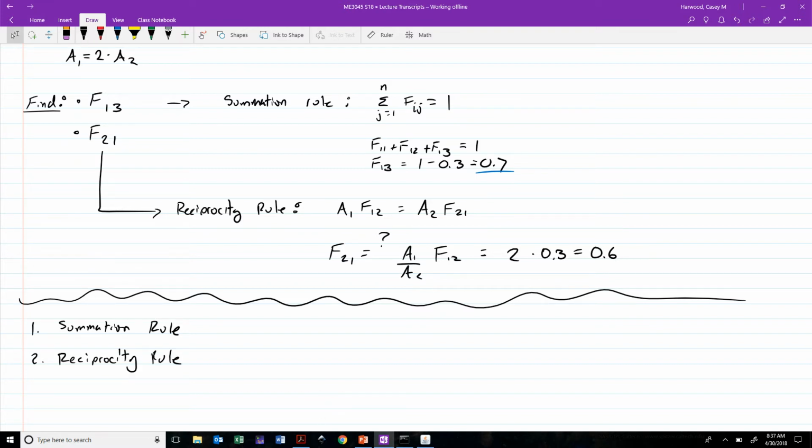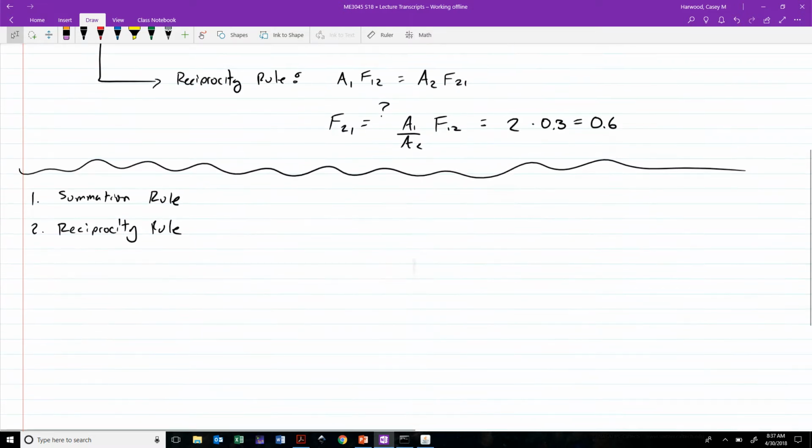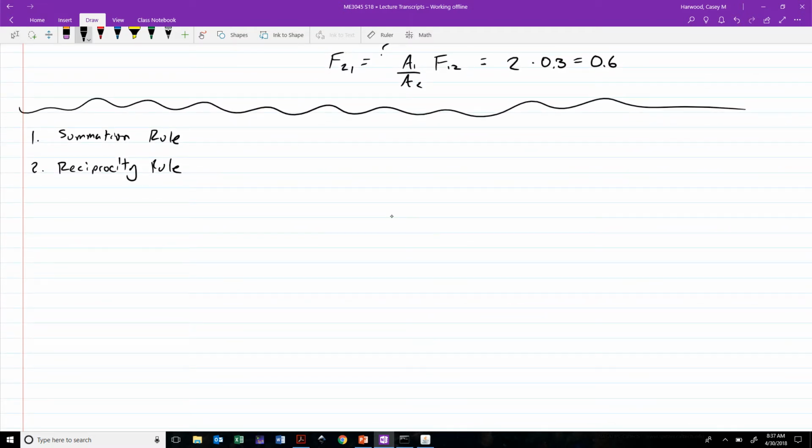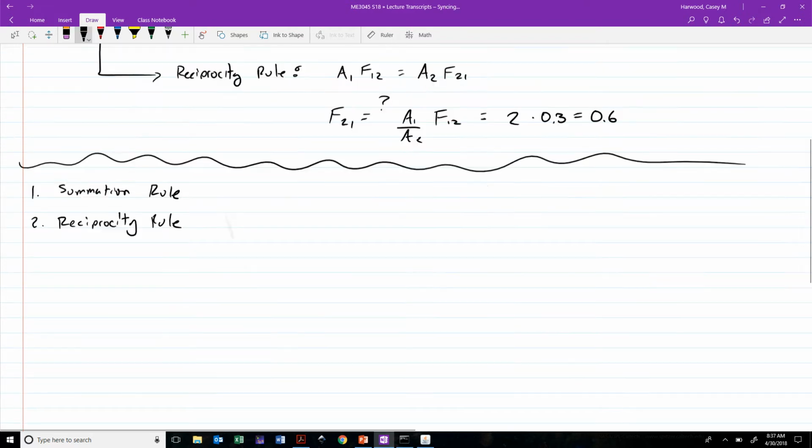In addition to those, we've got two more rules that follow from these. They're not as commonly used, but it's worth stating them. The third is what we call the additive rule.